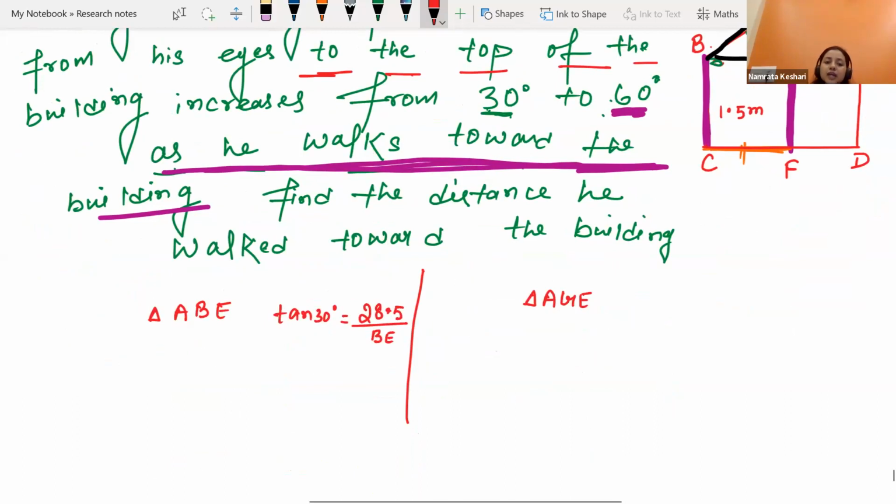Let's do it. Tan 30. What is the value of tan 30? Sin 30 is 1 by 2. Cos 30 is root 3 by 2.